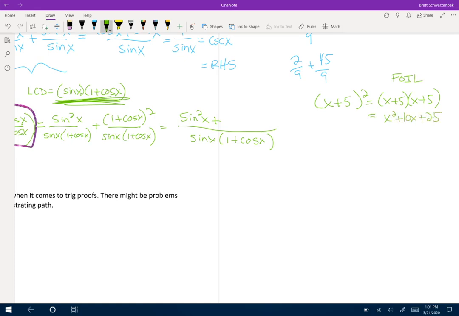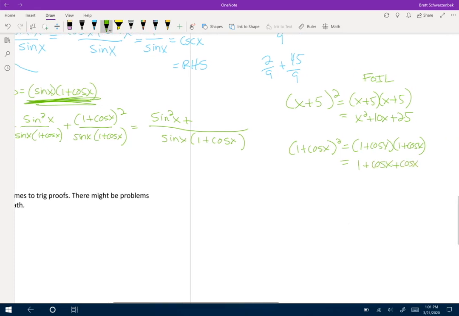So now we have to do the same thing for 1 plus cosine x squared. That is going to be equal to 1 plus cosine x times 1 plus cosine x, right? So if we FOIL, we'll do the full FOIL here. First is 1, outside is cosine x, inside is another cosine x, last is cosine squared x.